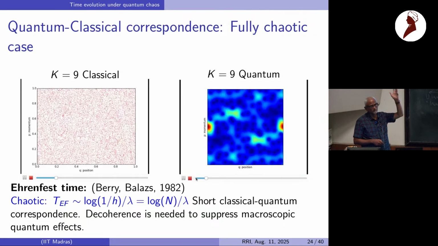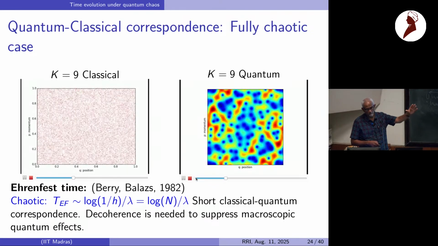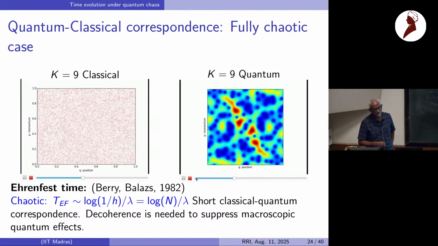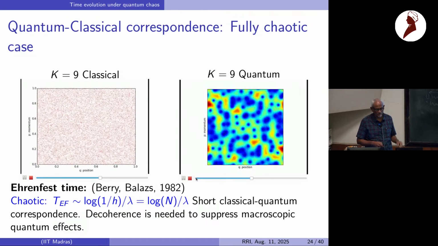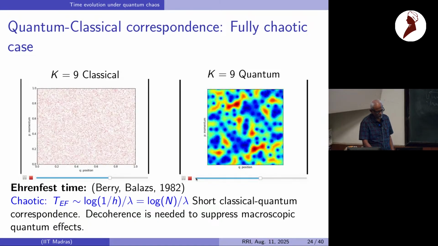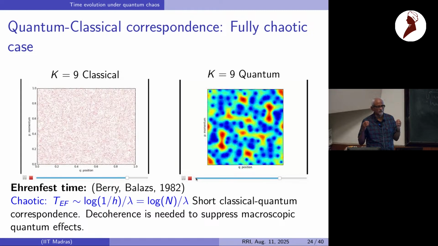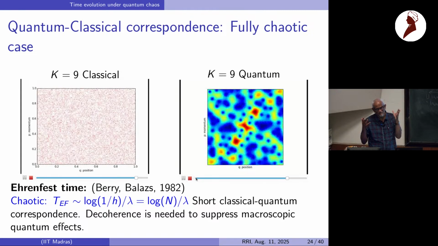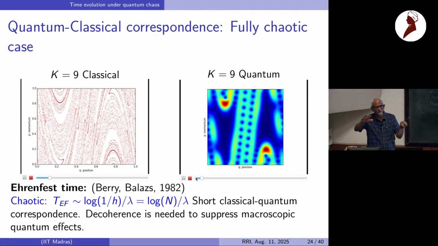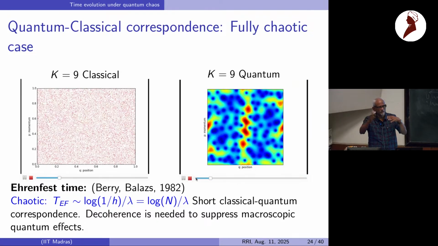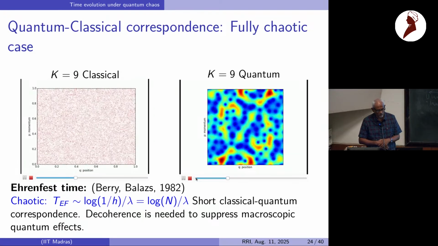If you have something like a million, you have 1,000 for the integrable system, whereas you have only 6 for the chaotic situation. The Ehrenfest time is much shorter for chaotic situations, and that's understandable because any localized state is exponentially growing in size, and therefore the self-interference occurs at a very different time scale.